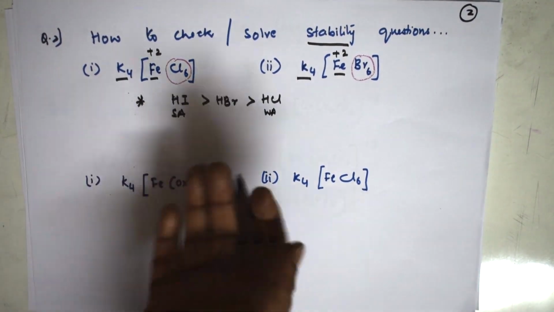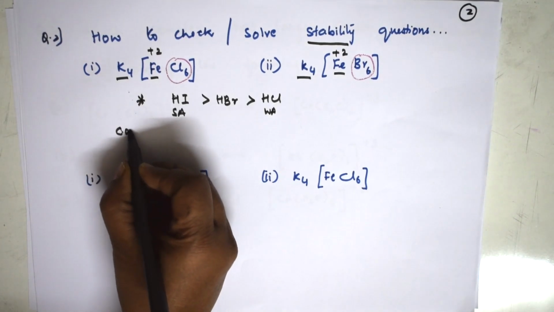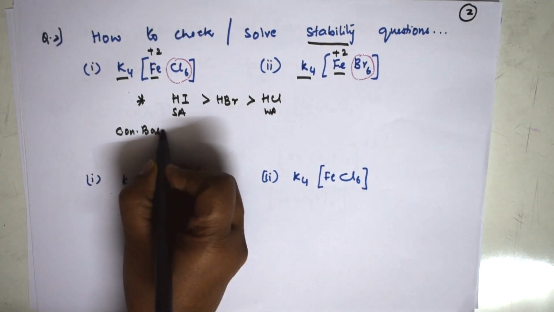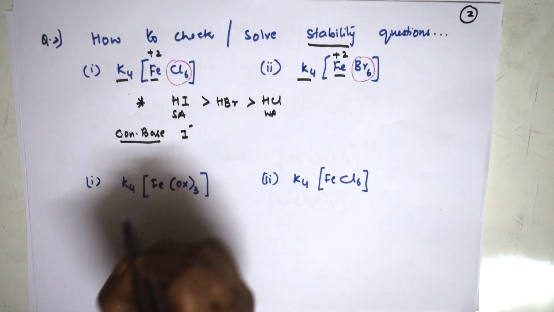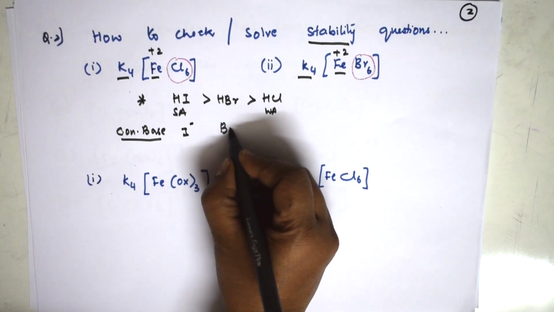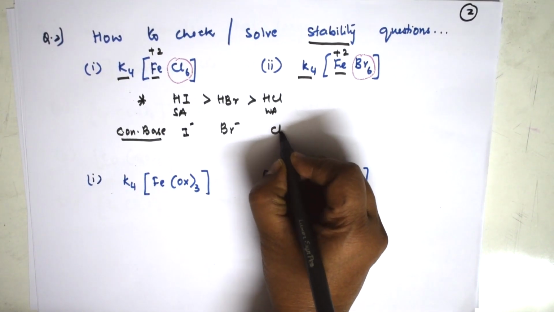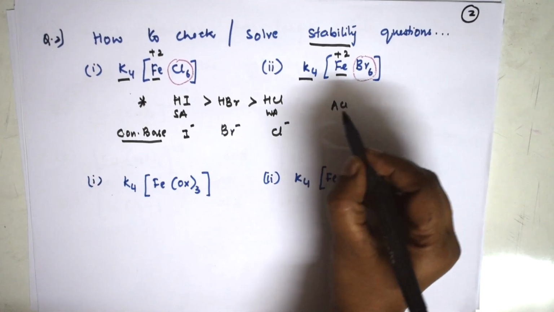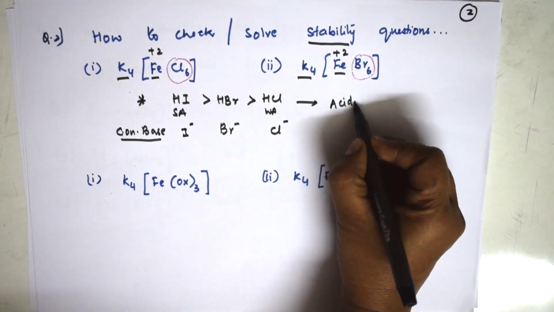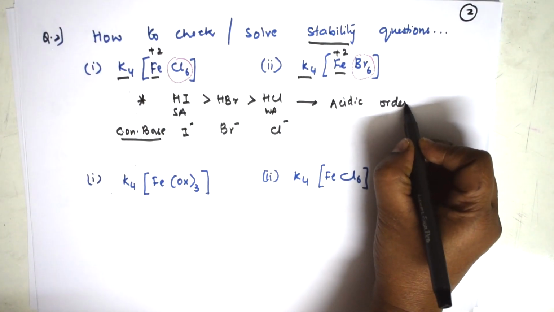Done. If I have to write the conjugate base of this acid, what is the conjugate base of this? I minus, Br minus, Cl minus. This is the acidic order. And this is the basic order, means the conjugate base.